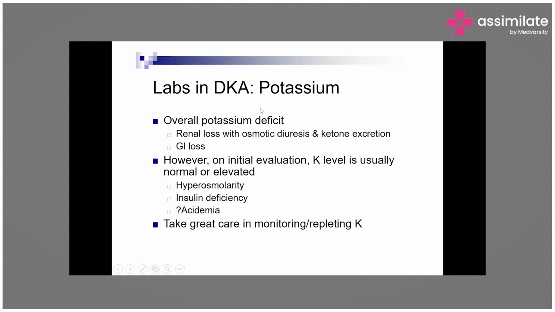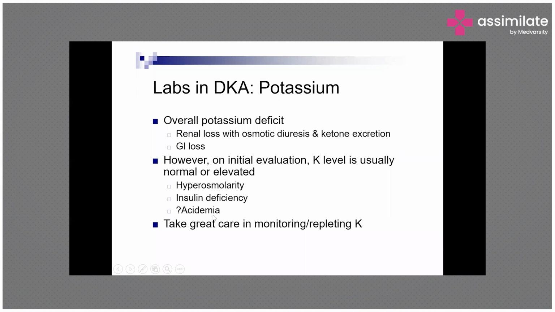That's why the most common deficiency in these patients is potassium deficiency. Then we need to consider why this potassium is affected. It can be due to hyperosmolarity, insulin deficiency, or acidosis. It has to be treated, and potassium repletion is very, very important, especially in DKA.